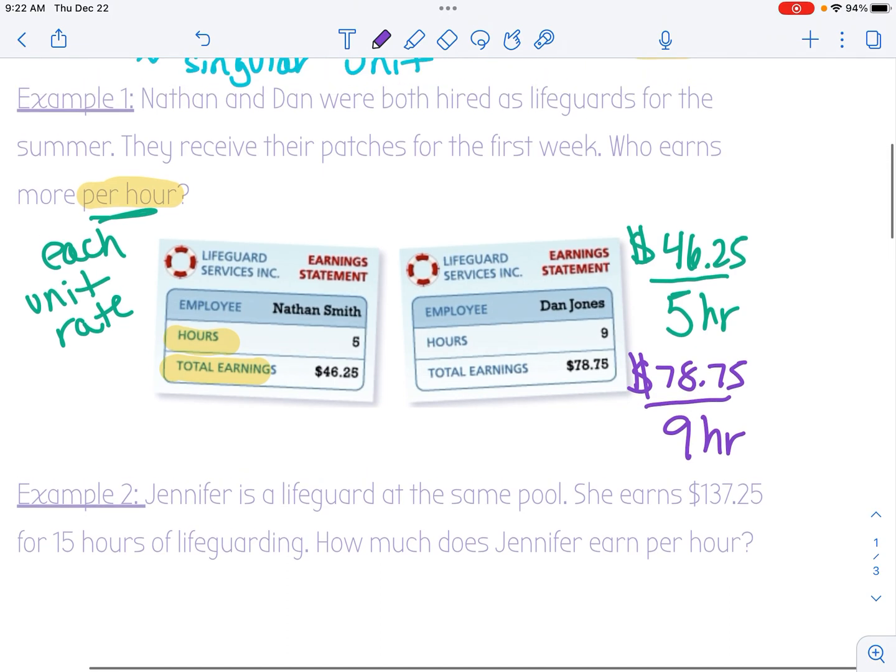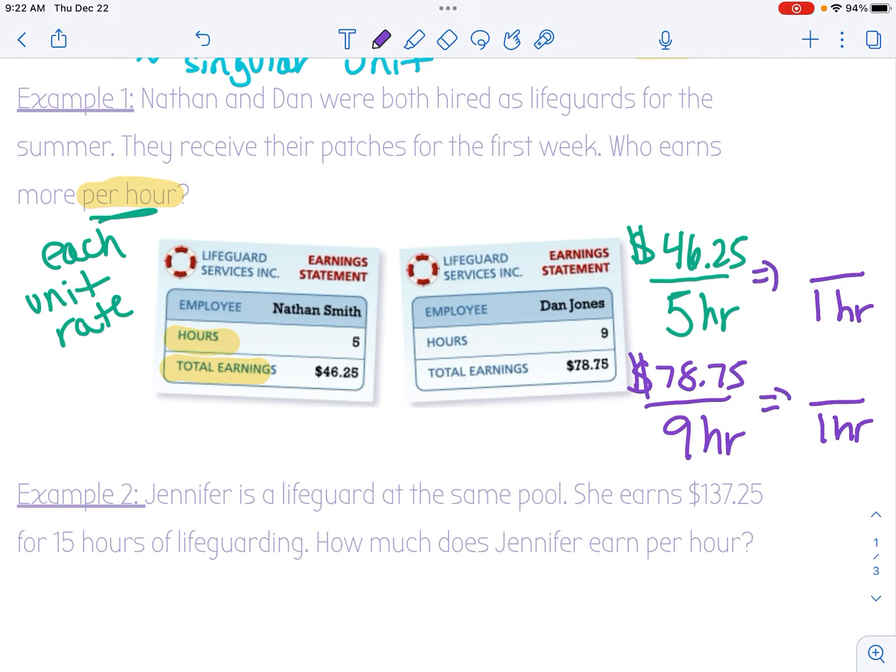Now, we are trying to figure out who earns more per hour, so we know we want to have a denominator of 1 to find my unit rate of how much they make each hour. Now, with unit rate, we need to be thinking about how are we getting from 5 to 1? What would I use if I'm trying to find my unit rate with operation?